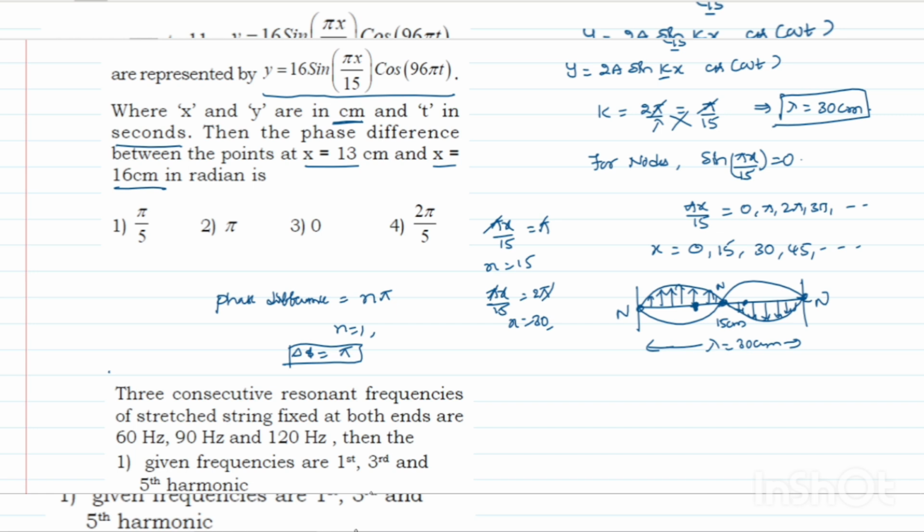This is point A, and this is point B, and this is point C and point D. A and B particles will be in the same phase, and B and C particles will be in opposite phase in stationary waves. C and D particles will be in the same phase, A and B particles will be in the same phase in stationary waves, but B and C particles, A and D particles will be in opposite phase, so the phase difference will be pi.